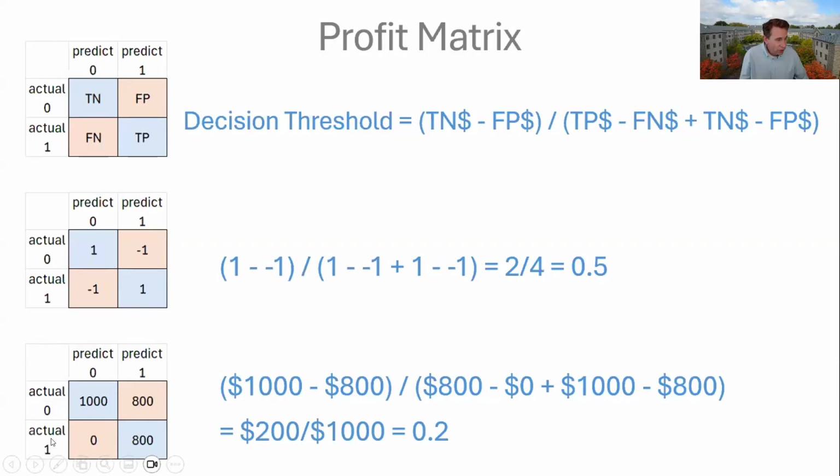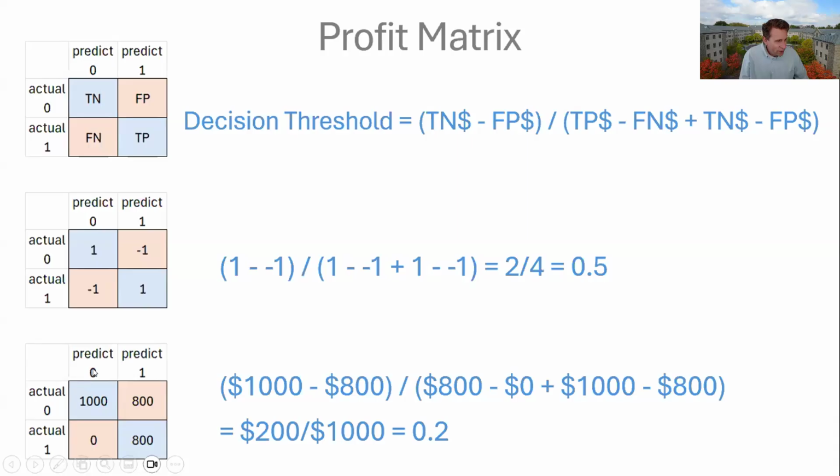So if someone was actually going to leave me, to churn, they would have a value of 1 under actual here. And if I had correctly predicted they were going to churn, my profit is $800, because I had to give them that 20% discount to stay. Let's assume that's 100% effective. Look what happens here.